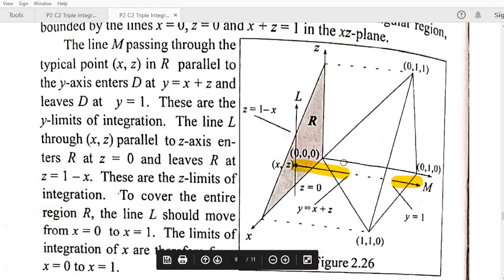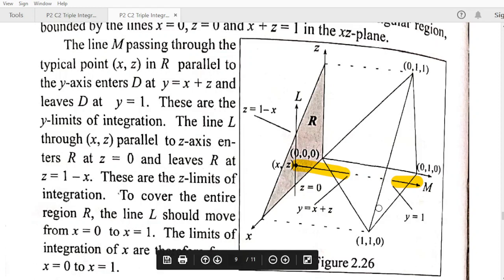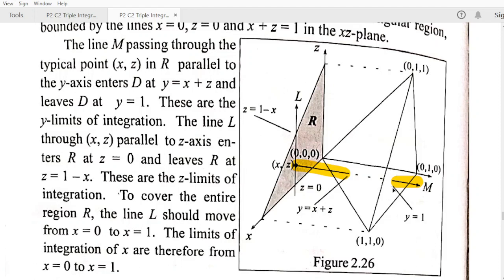So this is our region, the tetrahedron, and we know this plane equation is y equal to x plus z, and we now have to find the equation of this particular plane also. That we can find by the same formula that we used earlier, the equation of the plane passing through 3 points.